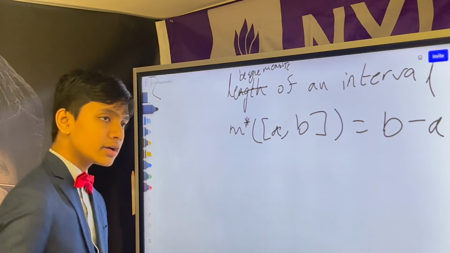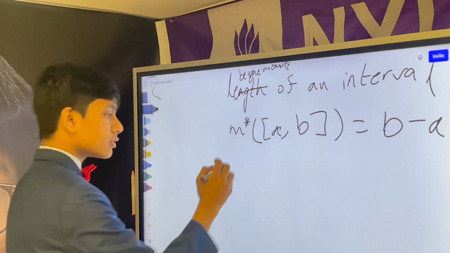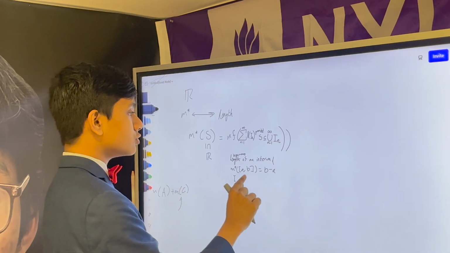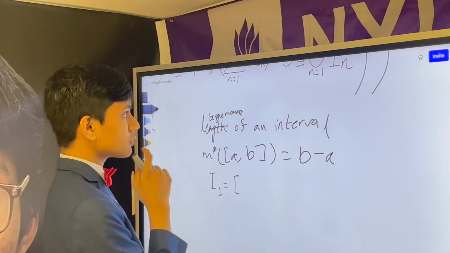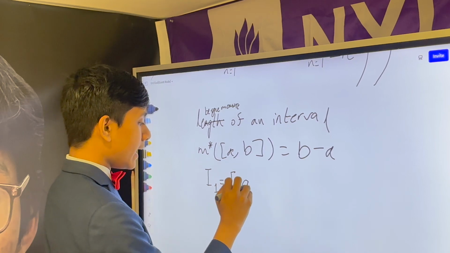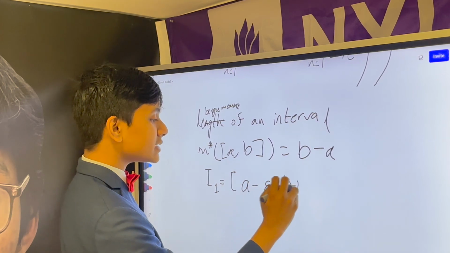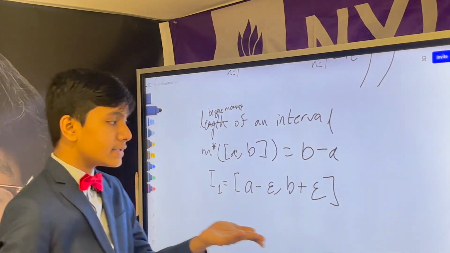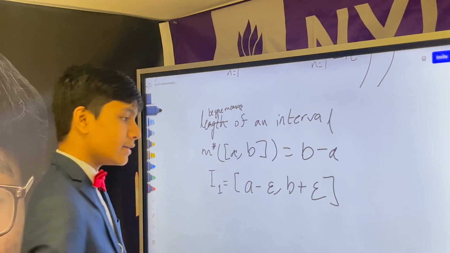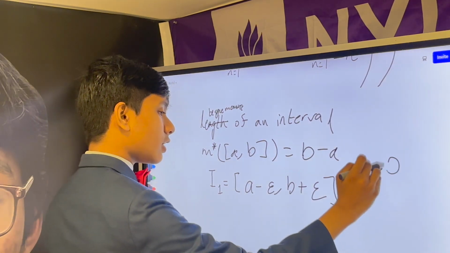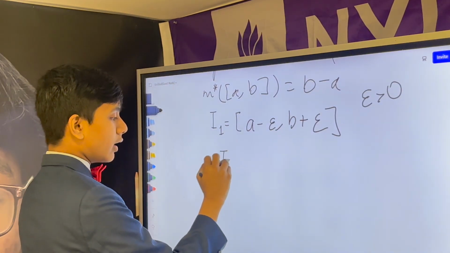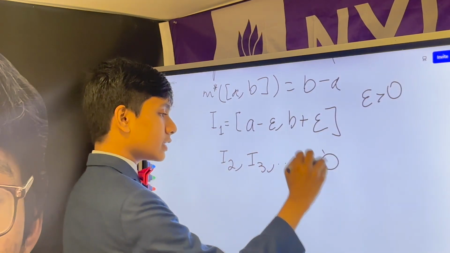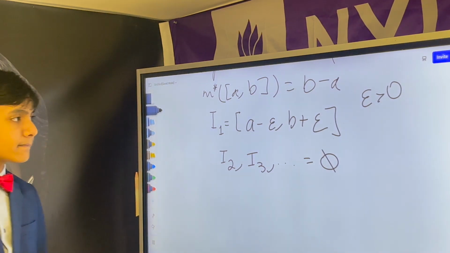So first, we can come up with some sequence I such that I1 is equal to the interval, I don't know, A minus epsilon, B plus epsilon. And this has to cover the entirety of AB for any epsilon greater than 0. So I'm just going to set I2, I3, etc. equal to the empty set, right?